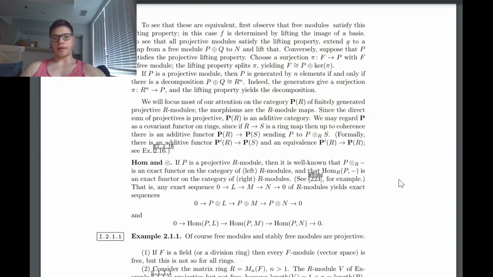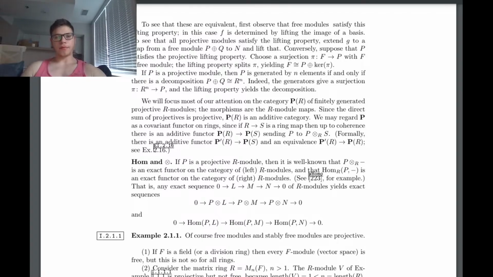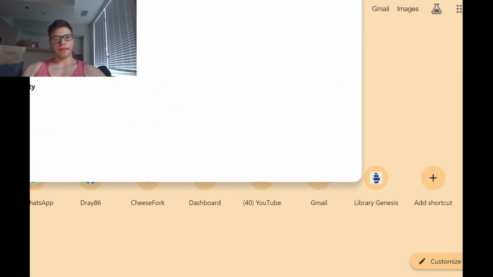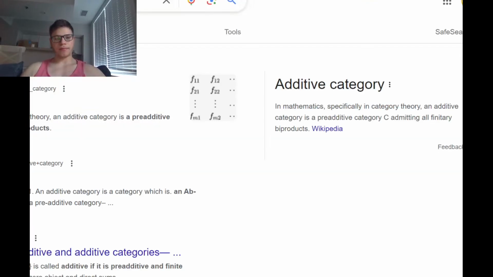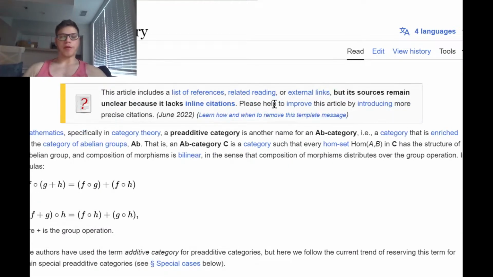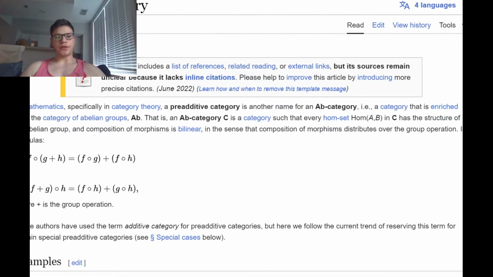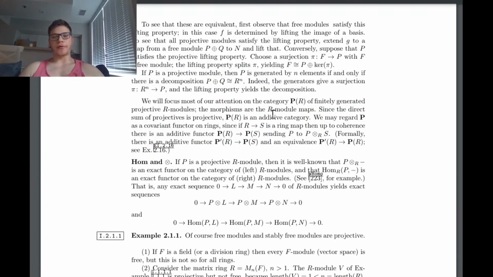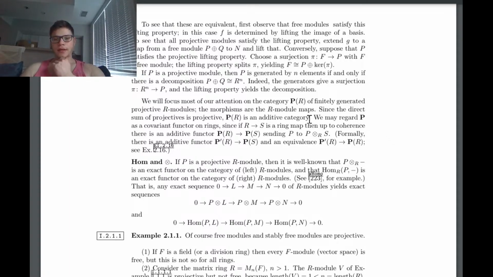Let me remember what an additive category is defined as: a pre-additive category with biproducts, and pre-additive just means there is an addition operation, which there is in all module categories. So you get that P(R) is an additive category.